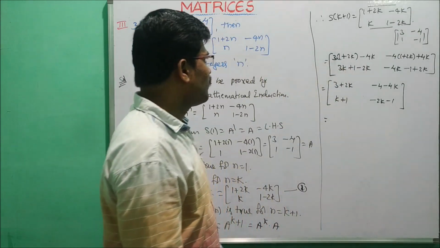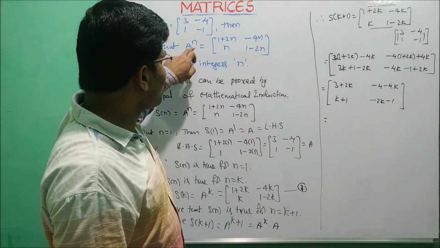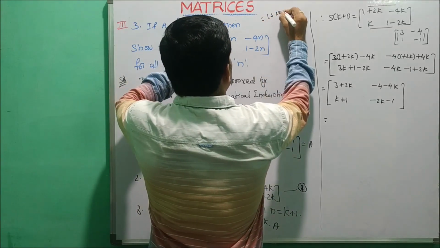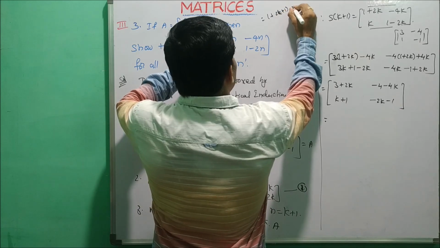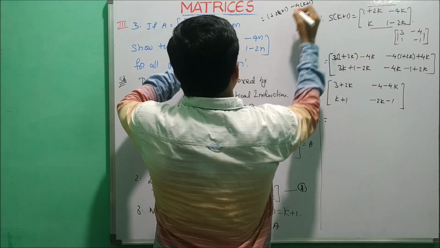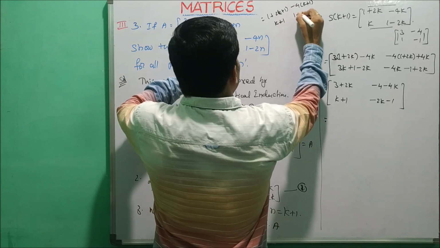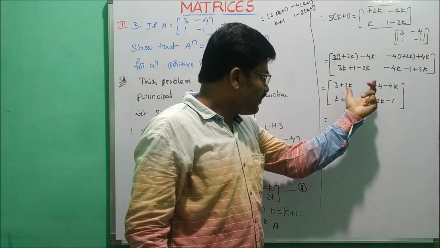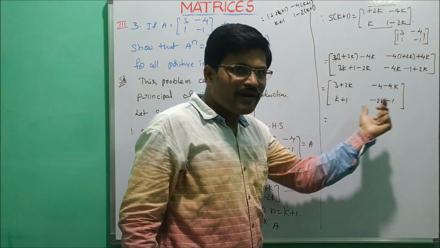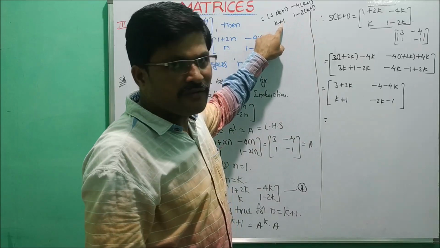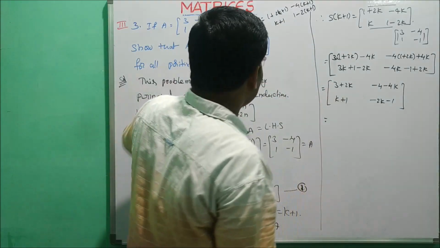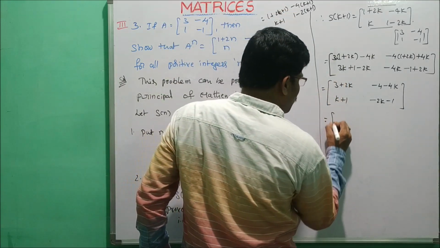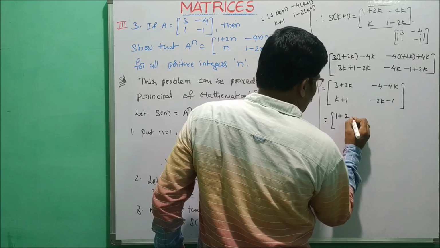So here we observe that A power k plus 1 equals 1 plus 2 into k plus 1, minus 4 into k plus 1, k plus 1, 1 minus 2 into k plus 1. Now in the resultant matrix, the given elements can be written in that formation. Here we observe that this is 1 plus 2 into k plus 1, that is 1 plus 2 plus 2k.